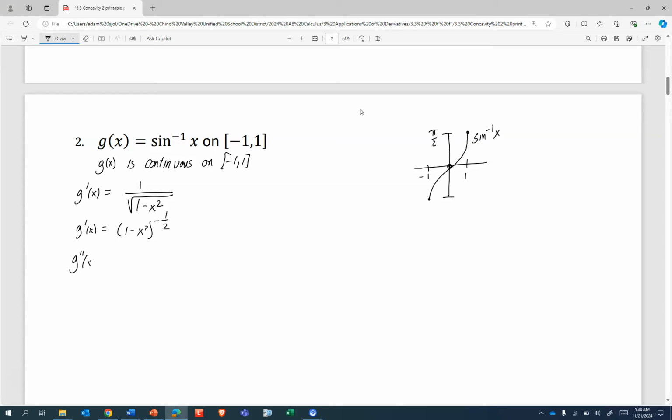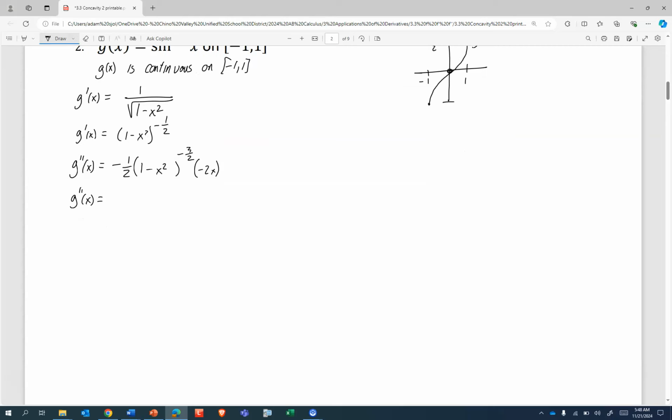So g double prime of x, move that negative 1/2 out front, negative 1/2 of stuff to the negative 3/2. That stuff is 1 minus x squared, which has a rate of change of negative 2x. So the 2's and the negatives will be divided out. We'll just have an x in the numerator, and the square root of 1 minus x squared raised to the 3rd power.